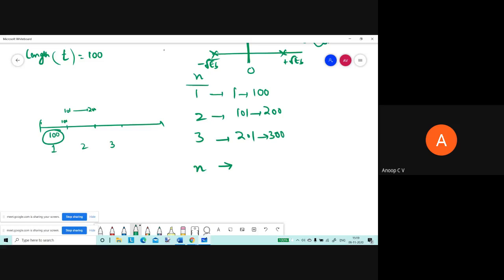Please correct me if I am wrong: if I write the samples corresponding to the nth bit duration, can I write it like this? n minus 1 into length of t plus 1 to n into length of t. Is this correct?